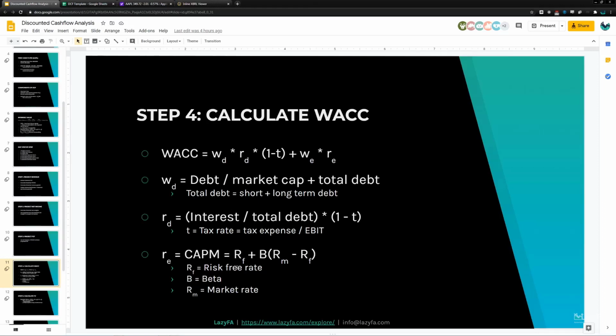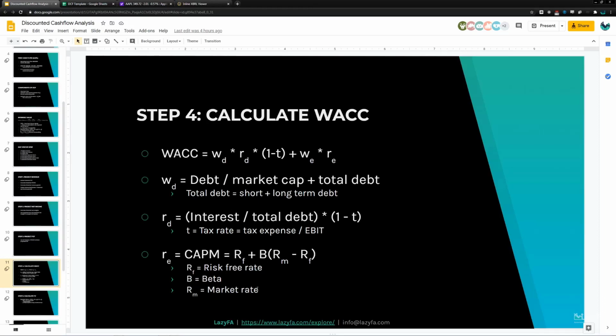And this is, again, another piece of the art of discounted cash flow, that this stuff is all subjective. You can decide for yourself what you think these should be. But generally speaking, your risk-free rate would be pretty low, like 1.5% or something like that.